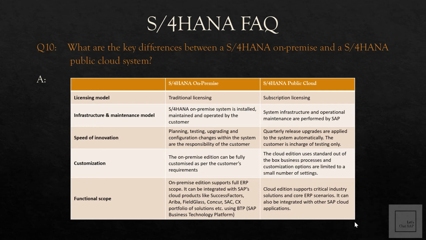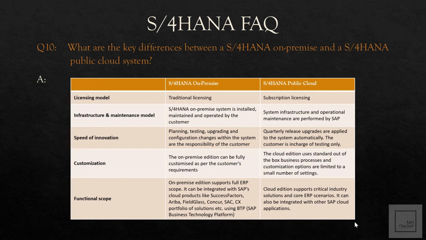Customization. The on-premise edition can be fully customized as per the customer's requirements. The cloud edition uses standard out-of-the-box business processes, which means customization options are limited to a small number of settings. But customers can build extensions using the SAP Cloud Platform. Lastly, functional scope.